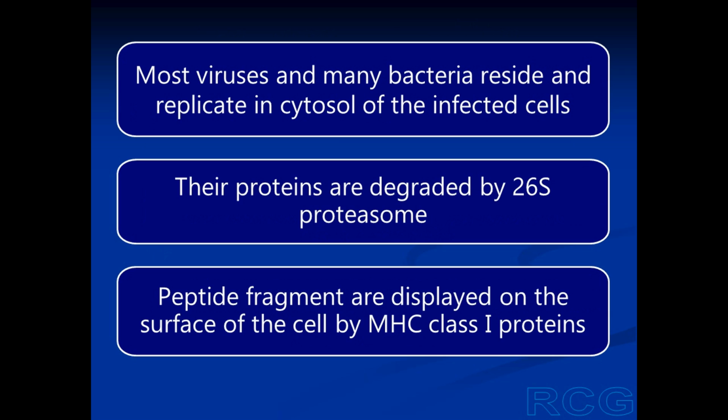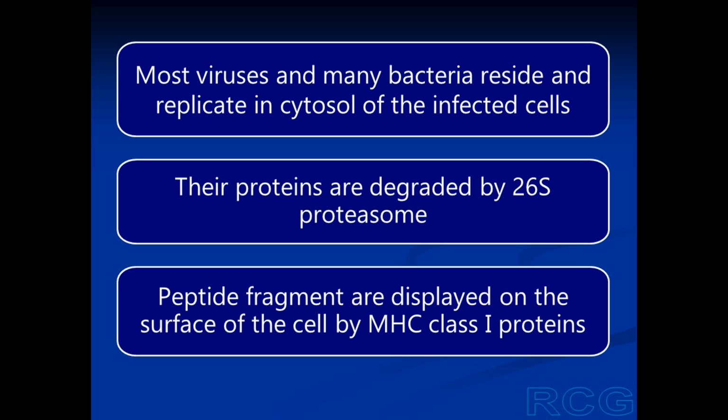Most of the viruses and many of the bacteria reside in the cytosol of the infected cells, and they multiply in the cytosol of the infected cells. Their proteins, the microbial proteins, are broken down by 26S proteasome. So when the protein is broken down, a number of peptide fragments are formed.